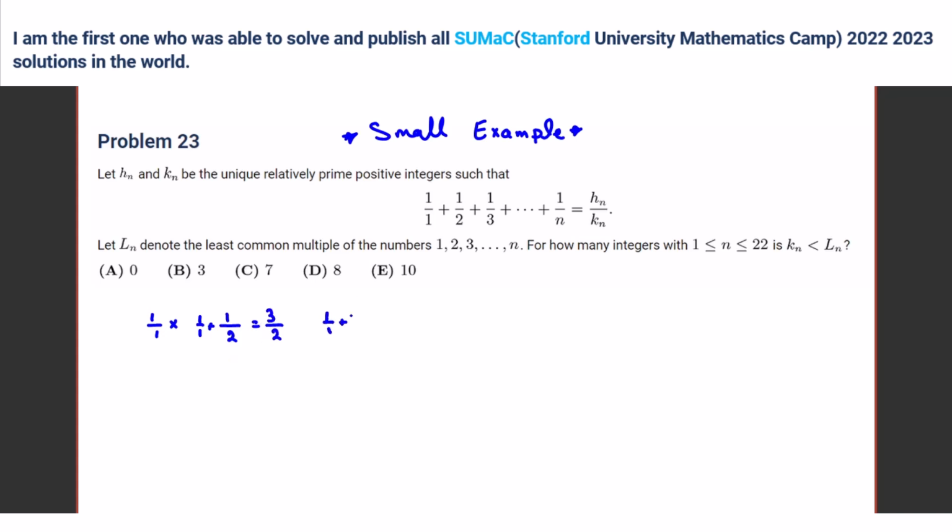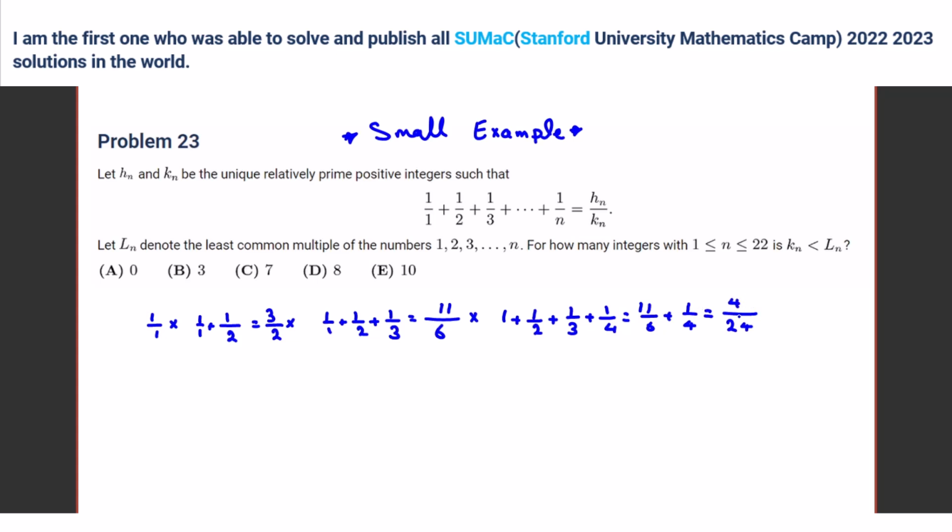Yeah. 1 plus 1 over 2 plus 1 over 3 would be what over 6? 11. Exactly. 1 plus 1 over 2 plus 1 over 3 plus 1 over 4 is what? 11 over 6 plus 1 over 4, which is what? 25 over 12.